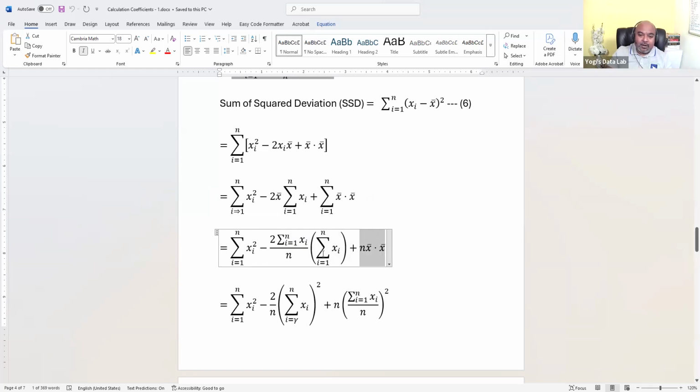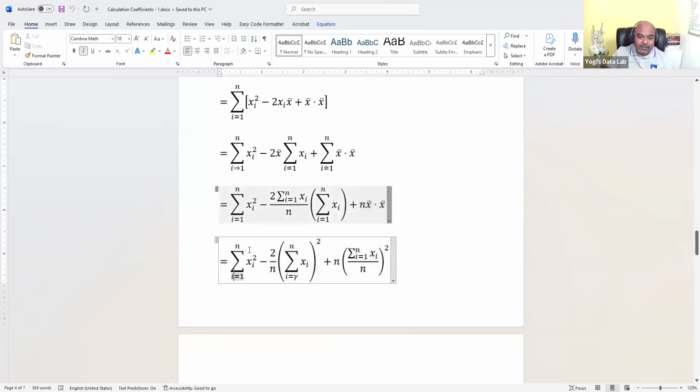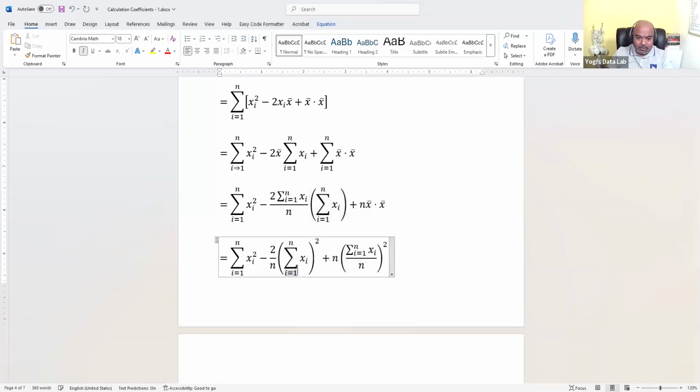Now, when I further simplify this, the first term is as it is, nothing changes, minus 2 by n, and this will get multiplied with this, so it becomes summation i equal to 1 to n xi square plus n by, now I have opened the formula of x bar.